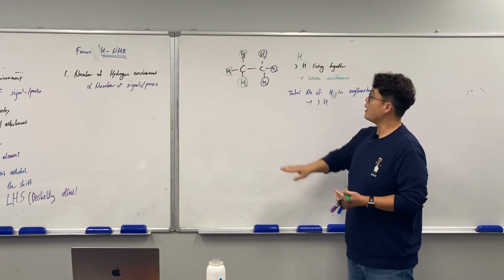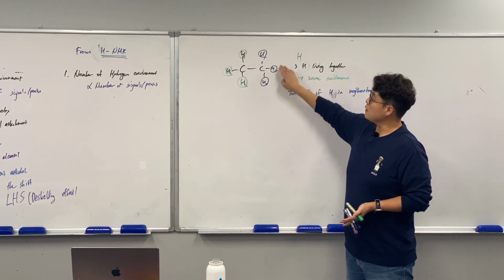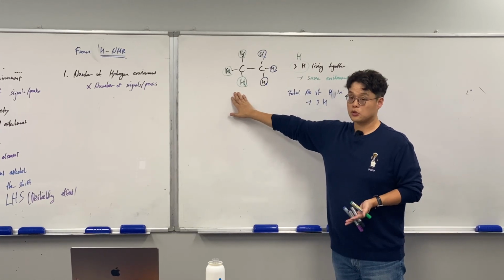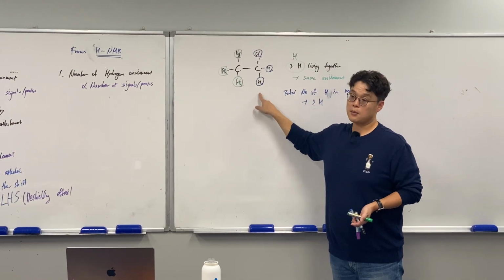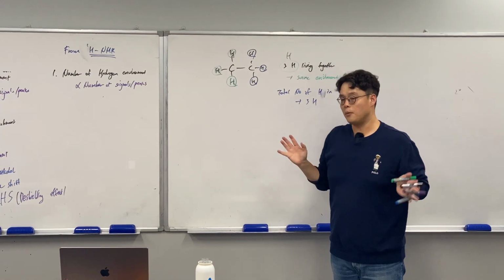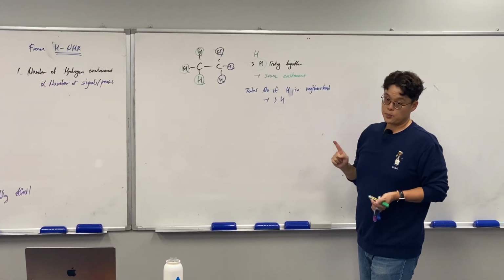So can we say these 2 are the same hydrogen environment? Just like the carbon environment, they have the same hydrogen environment, so there will be only 1 hydrogen environment.